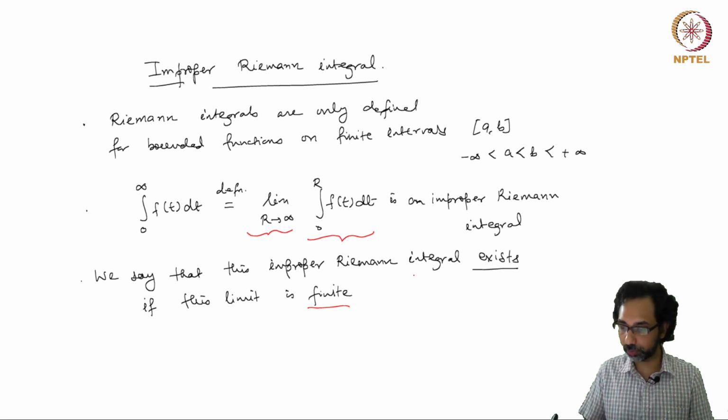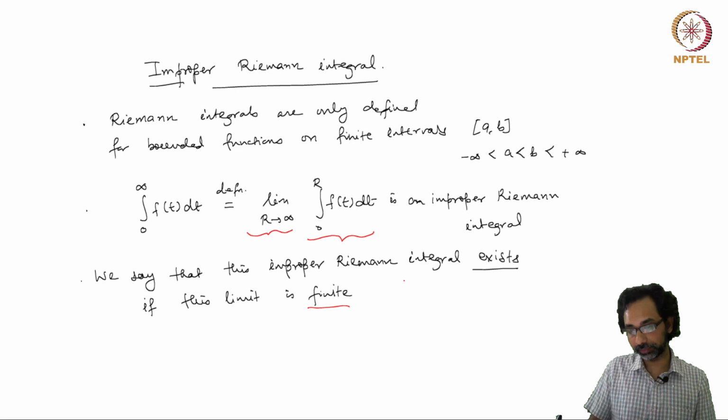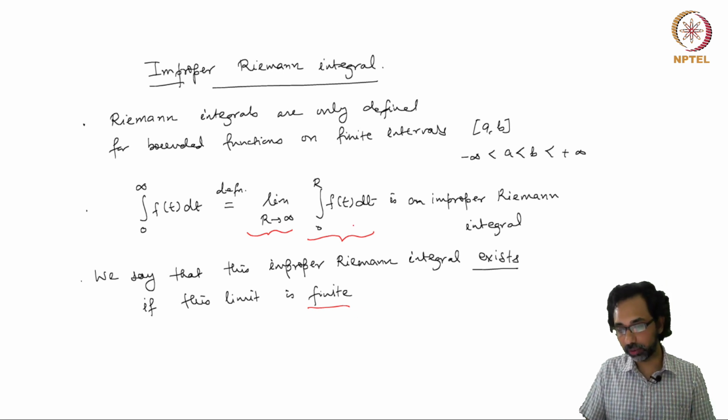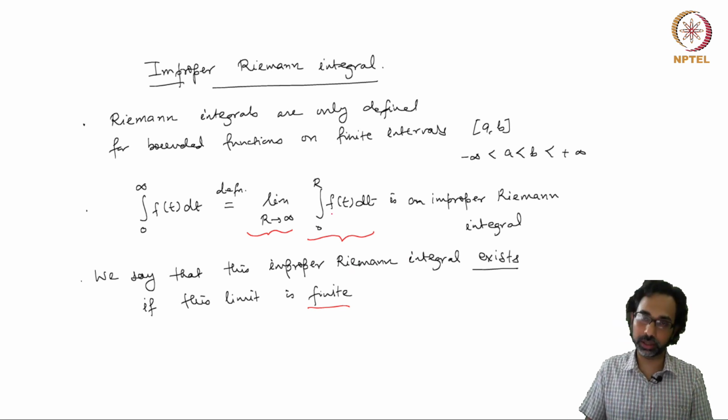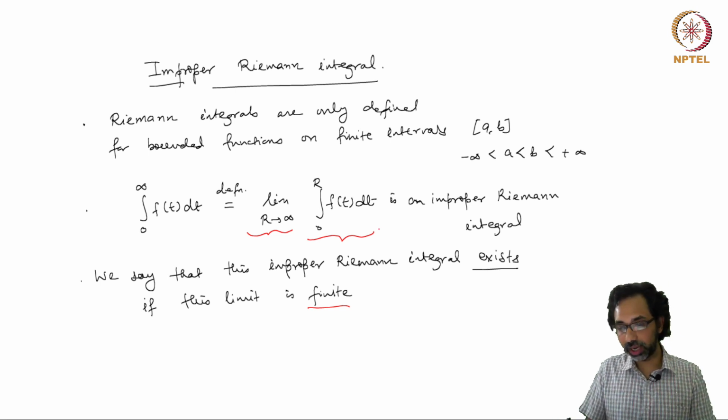Then we say that the improper Riemann integral exists. Now it may happen that even though this integral exists for all r, the limit may not exist. Here we are implicitly assuming, when we are trying to compute the limit, that first of all this integral from 0 to r has to exist for this definition to make sense.